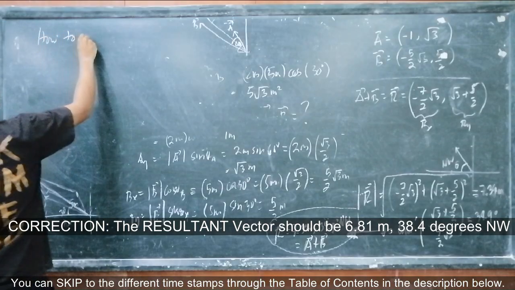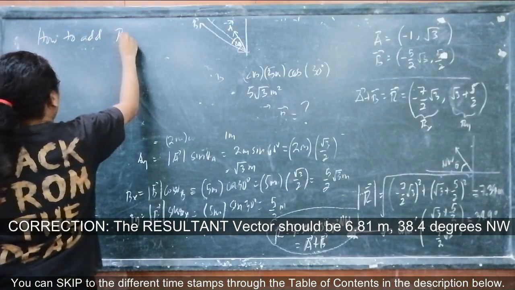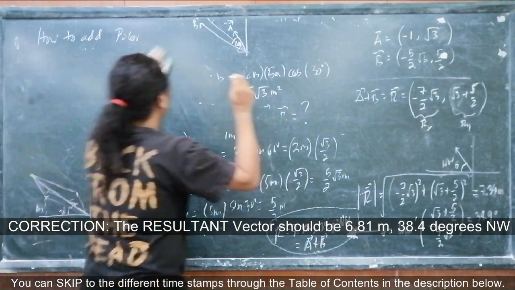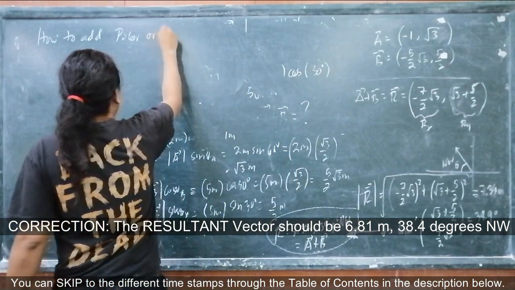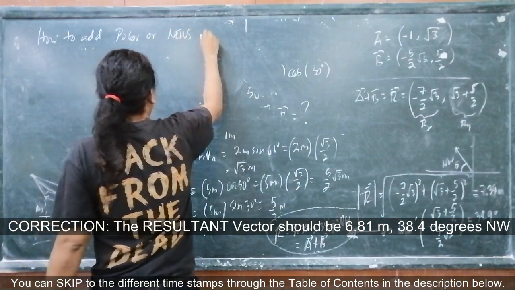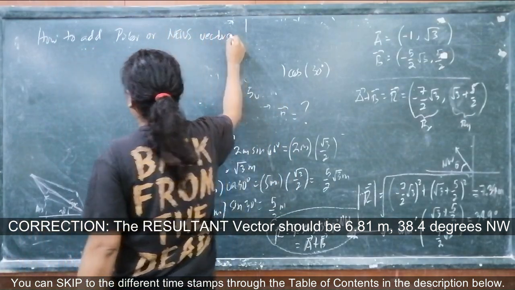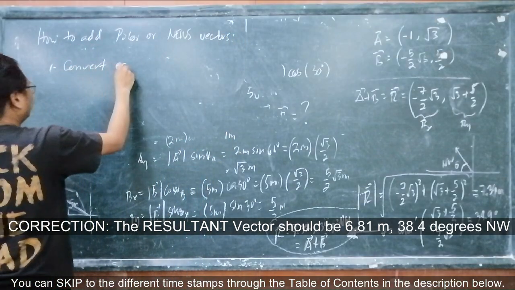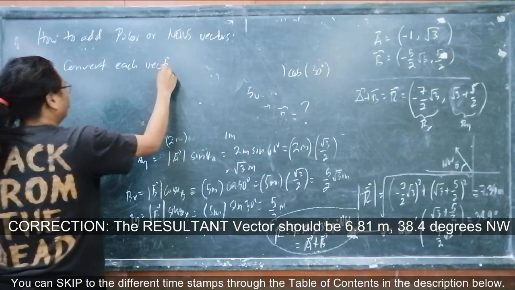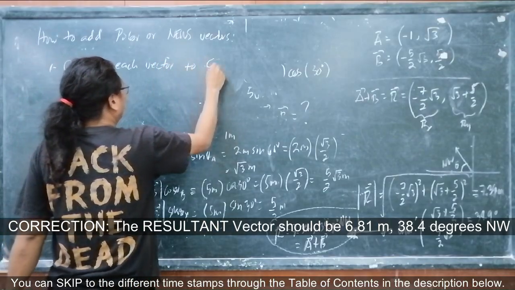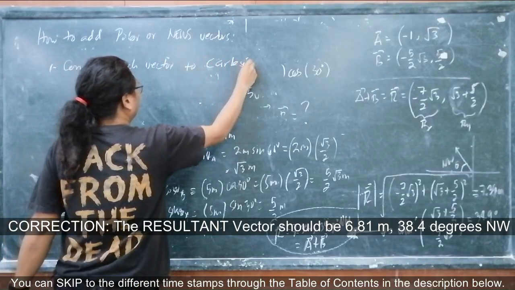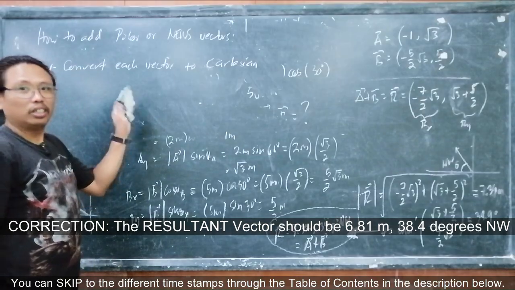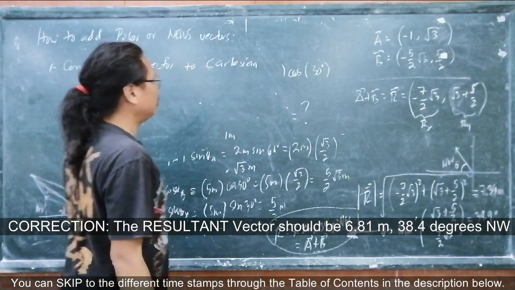How to add polar vectors, or we'll just use NEWS vectors, North, east, west, south vectors. First step is convert each vector to Cartesian.